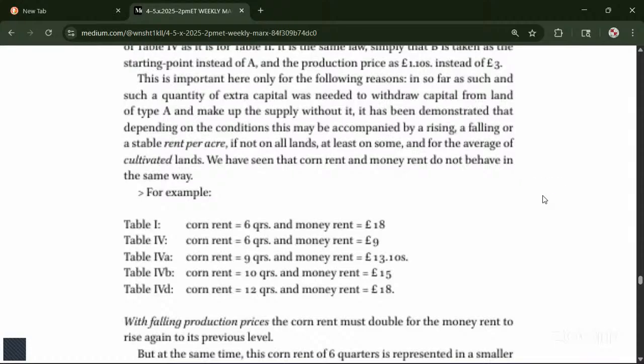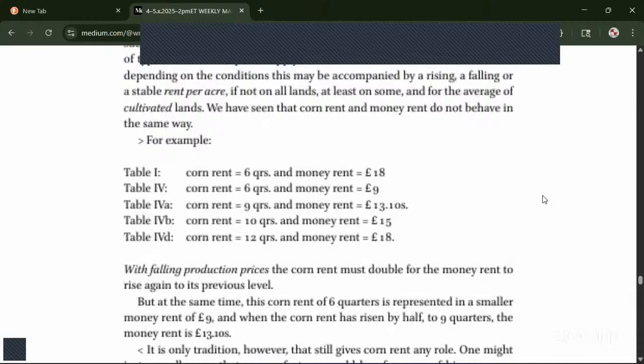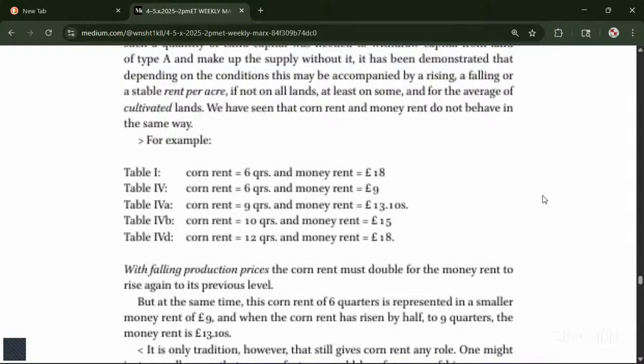With falling production prices, the corn rent must double for the money rent to rise again to a previous level. But at the same time, the corn rent of 6 quarters is represented in a smaller money rent of 9 pounds. That's Table 4. And when the corn rent has risen by half to 9 quarters, the money rent is 13 pounds 10 shillings in Table 4A.